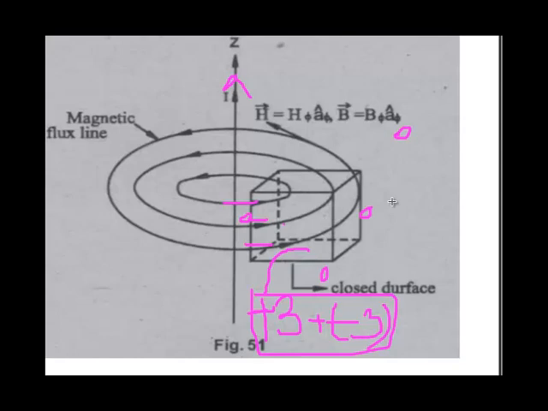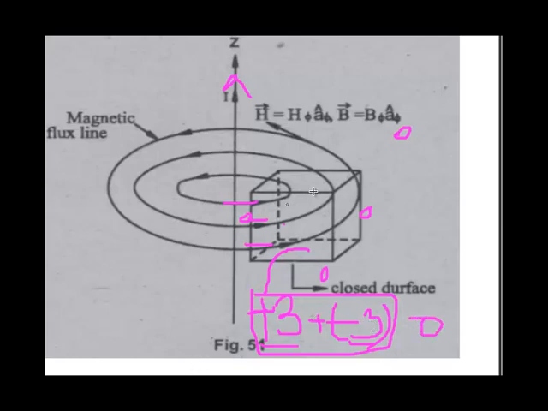On top we have 0, bottom 0, left and right 0, so we can neglect those. But on front and back we have flux lines crossing the surface. On the front side we take positive sign for entering, and for leaving we take negative sign. So the flux entering is plus 3, and leaving is minus 3. Adding these two values, we get 0.